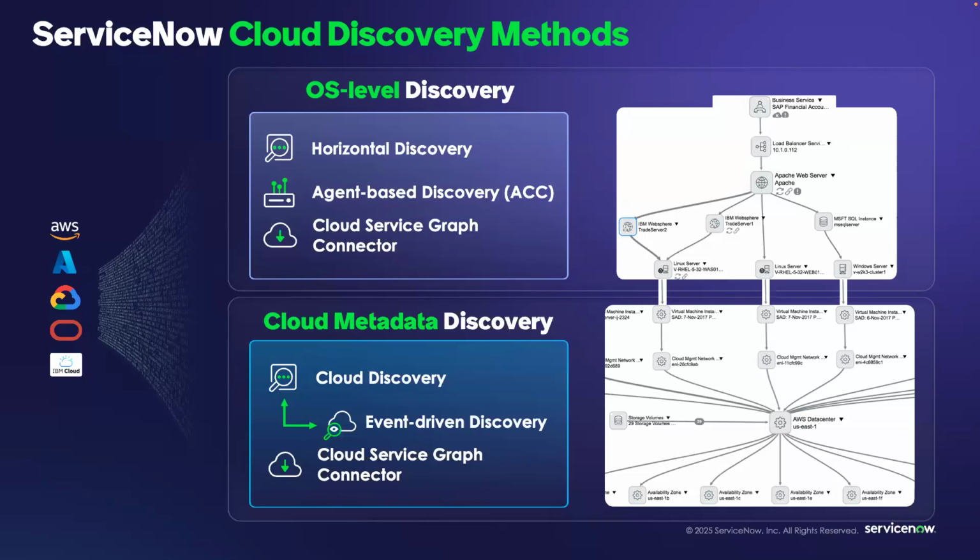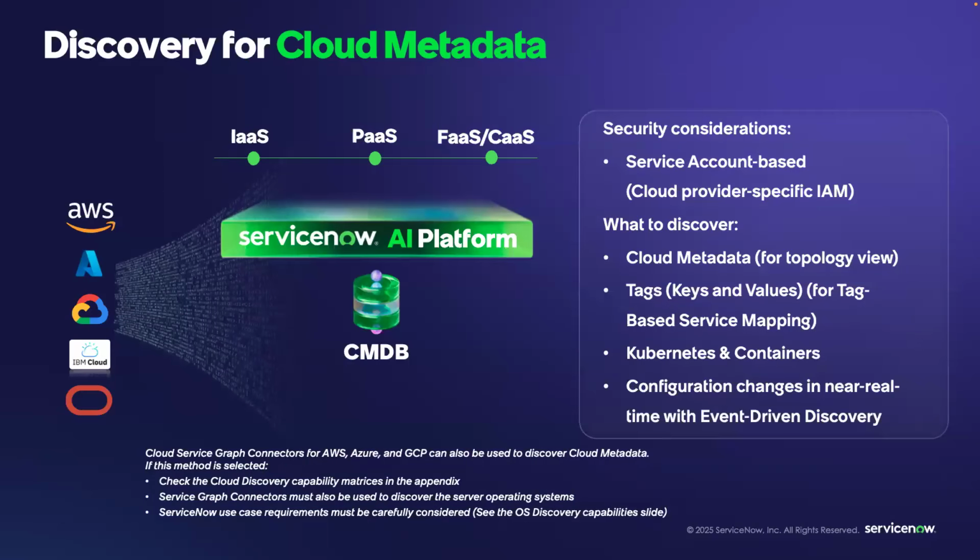And when we think about OS level discovery, that's what I talked about in the previous slide, really getting those OS level details and creating a Windows server record or a Linux server record, right? And when we think about that cloud metadata discovery, not only are we pulling in the virtual machines and the VPCs and all of that landing zone for your AWS, your Azure, your GCP, OCI, IBM, public cloud accounts, but we're also pulling in that IaaS information, right?